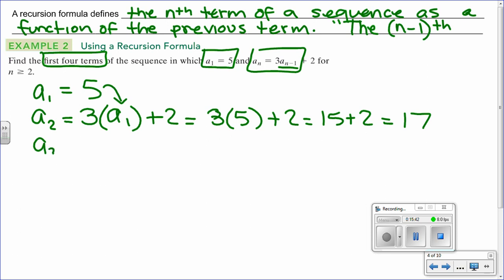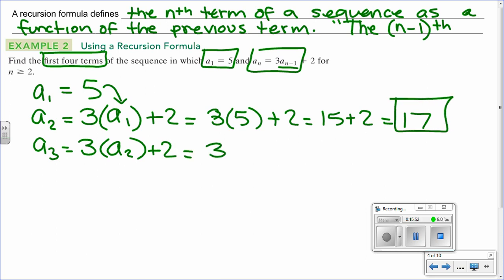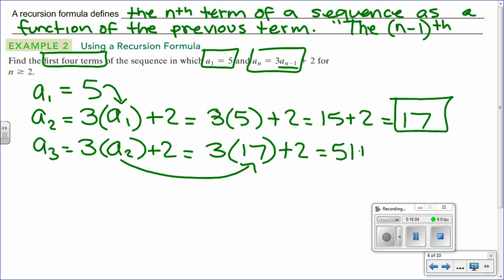Then for the third term, we will need 3 times the previous, a sub 2, plus 2. Now we know from here that a sub 2 is 17. So we substitute a sub 2 with 17, plus 2. That will be 51 plus 2, so 53.